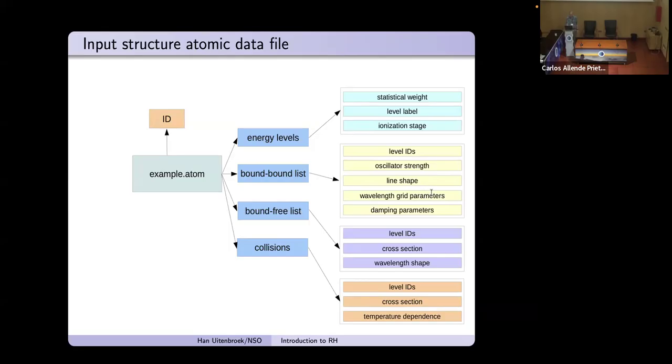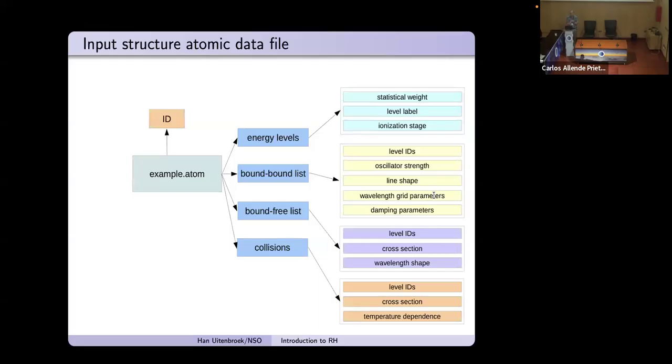Then some parameters that are used to determine the wavelength grid for each line. I'll come back to that a little bit later, but in non-LTE, you need a good estimate for the radiative rates. And for that, you need to evaluate the rate over the whole line profile.